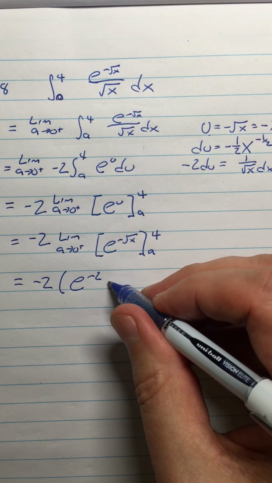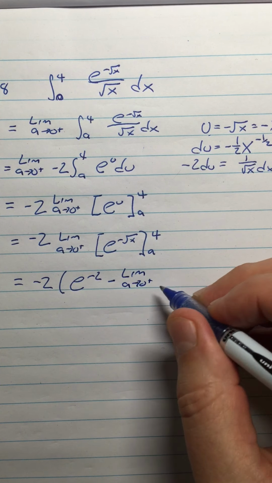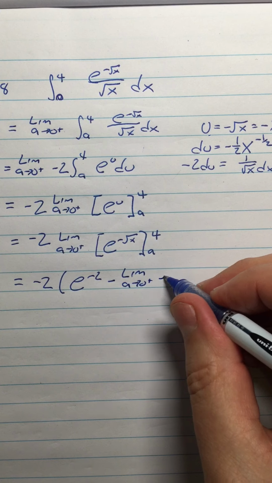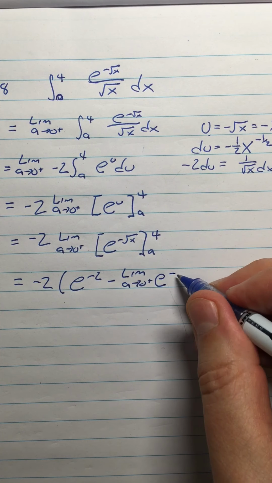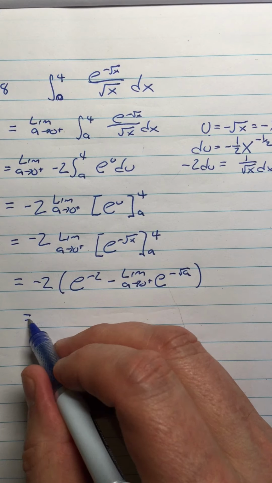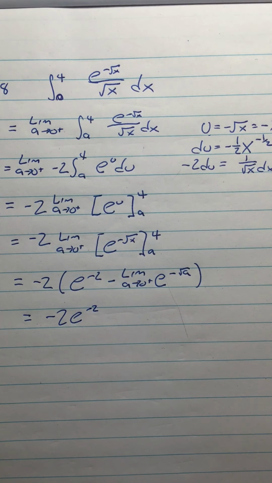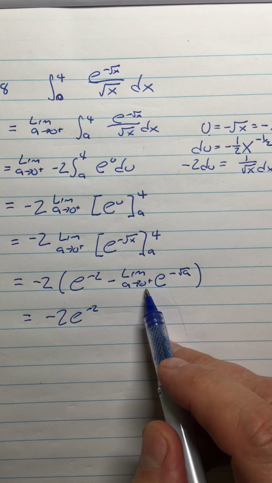So I usually break this out as a separate step, but I'm not this time. So limit as a approaches 0 from the right of e to the negative, and I'm plugging in the a now, so square root a. Yeah, that looks good. All right, so now I can do negative 2 e to the negative 2. I need to think about this limit. So what's going on? a is approaching 0 from the right.